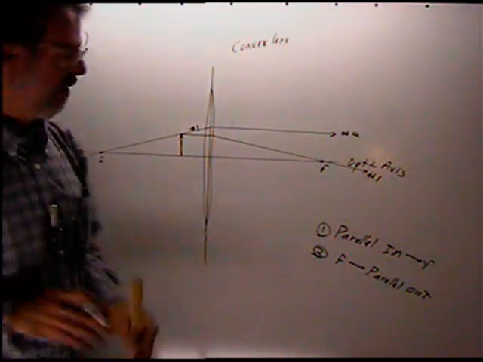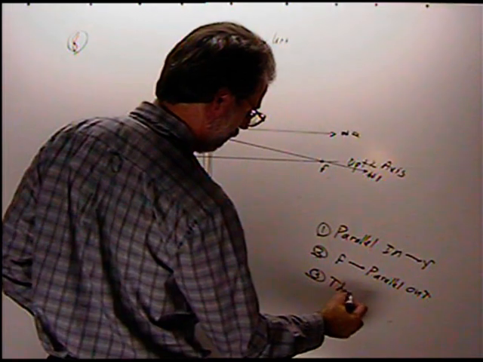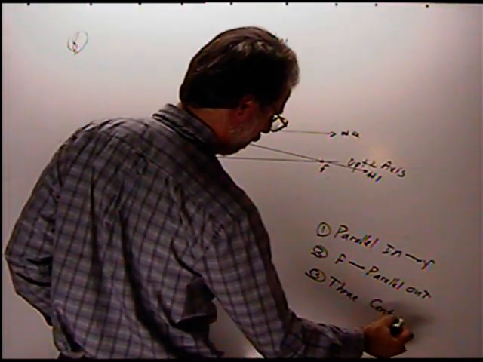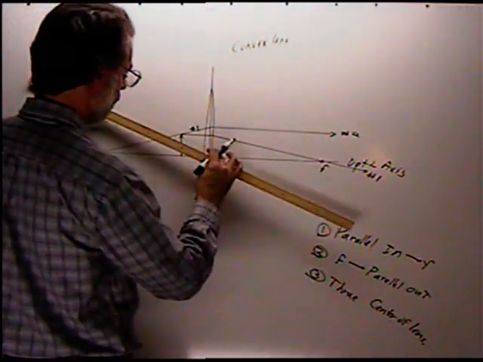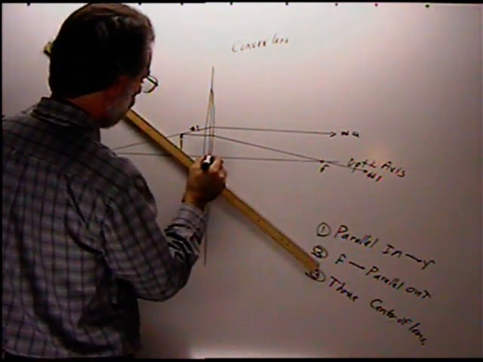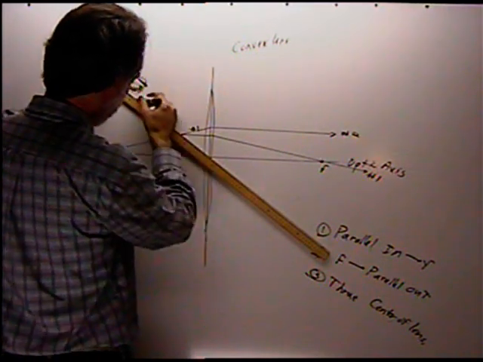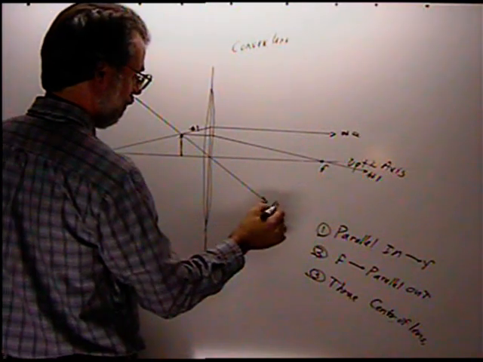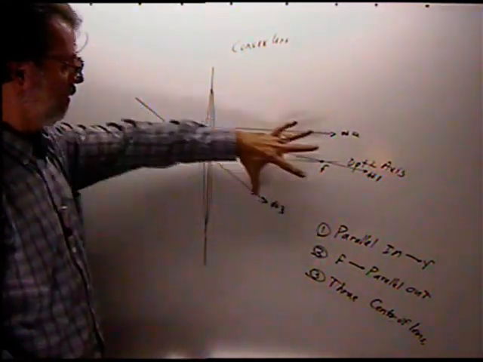Number 3 is through the center of the lens. Through the center of the lens, it's unbent. So here's the center of the lens, and it goes through the center. There's ray number 3. Now notice, on the right-hand side, all 3 rays are diverging.